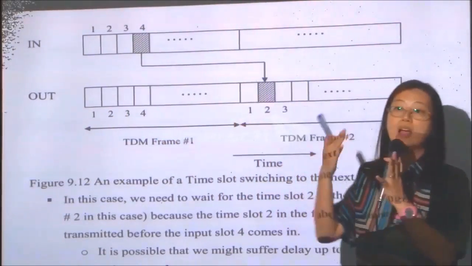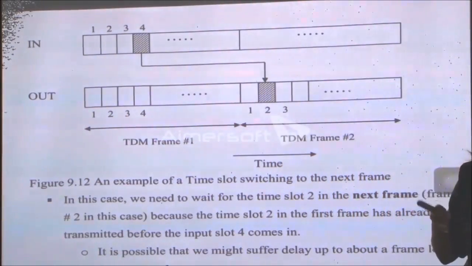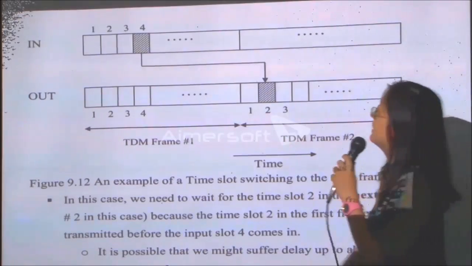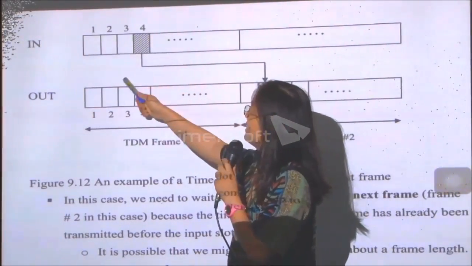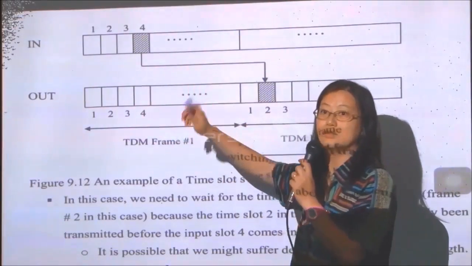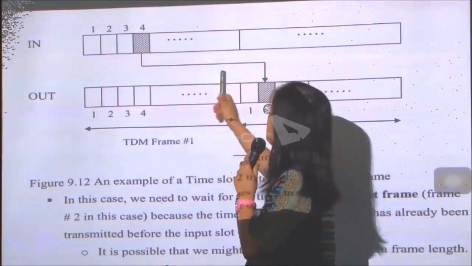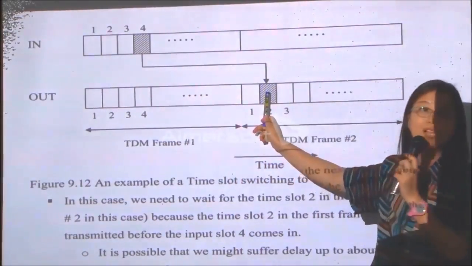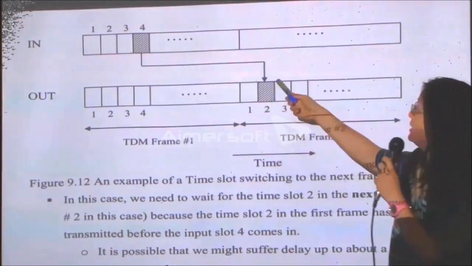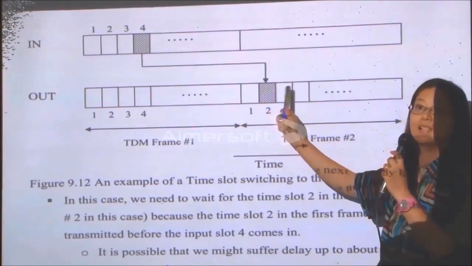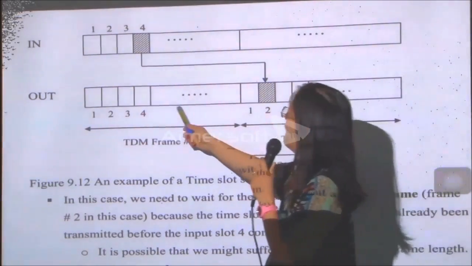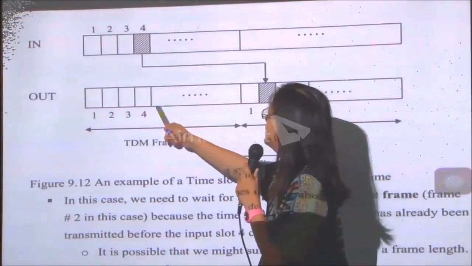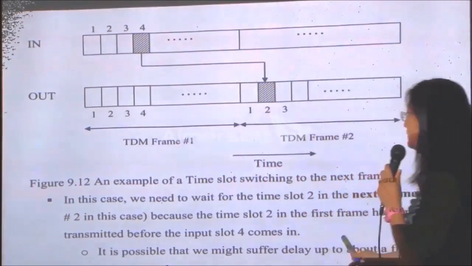If number 4 comes in and you want to send to number 2, but it's already gone out, that's okay. You wait until the next frame and you put it into slot number 2 of the next frame. So in this case, you can have a delay of almost 1 frame length, okay?